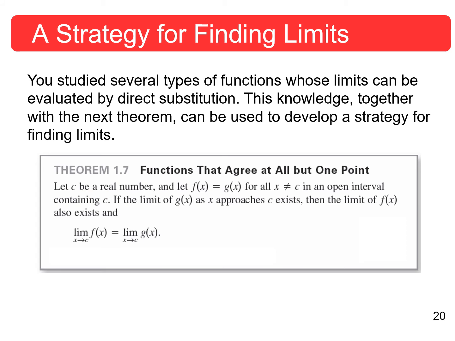If the limit of g of x as x approaches c exists, then the limit of f of x as x approaches c also exists, and it is equal to the limit of g of x as x approaches c.